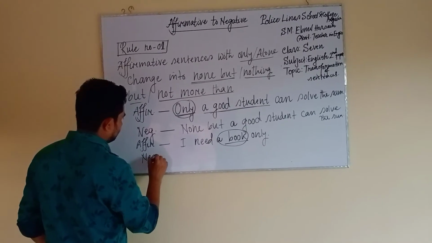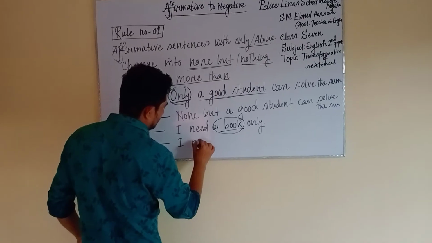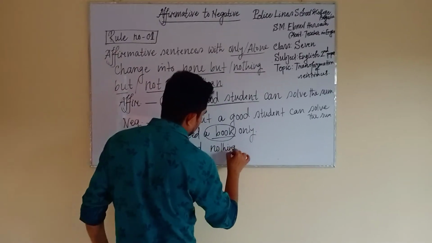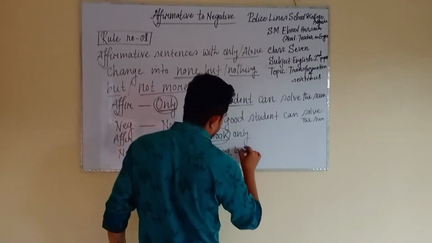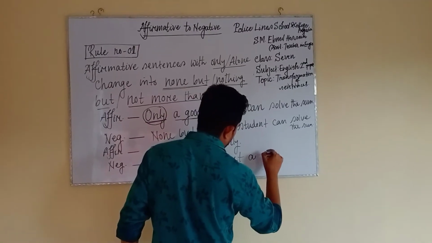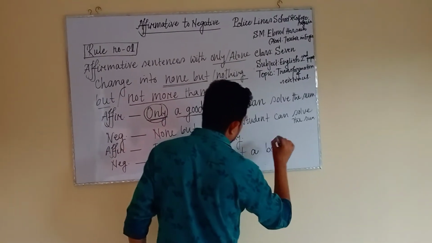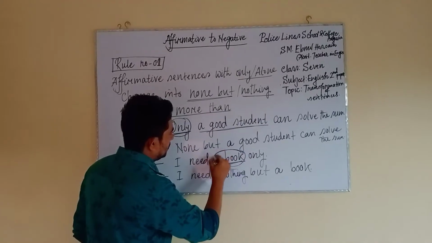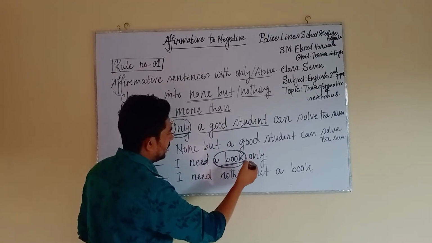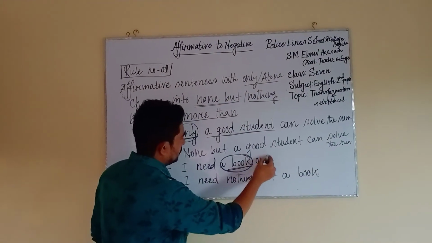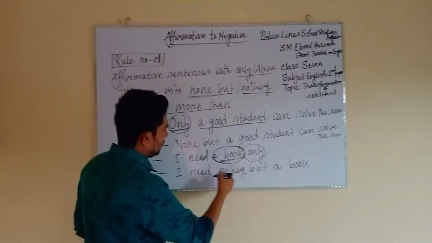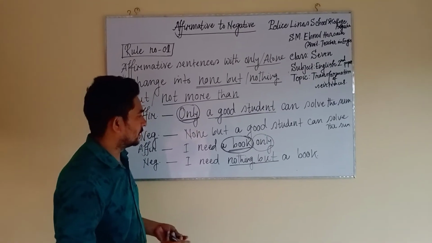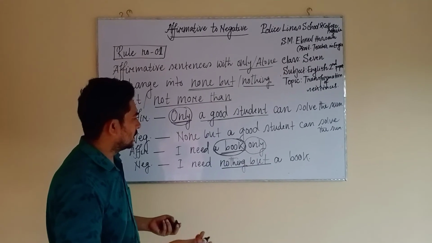So negative: I need nothing but a book. Here notice that this is an object or thing, and that is why in case of the object or things, we use here nothing but, as it is said in the previous talks, that in case of any things or object, we can use nothing but.